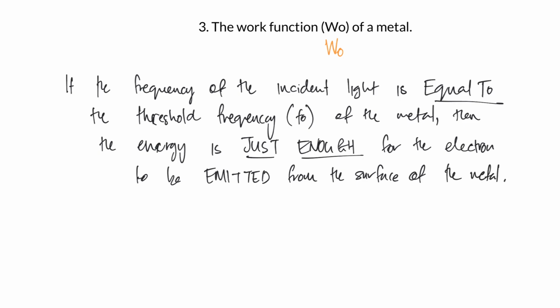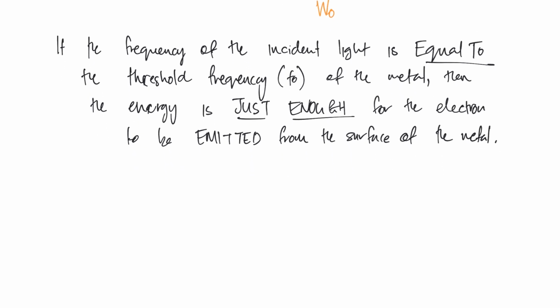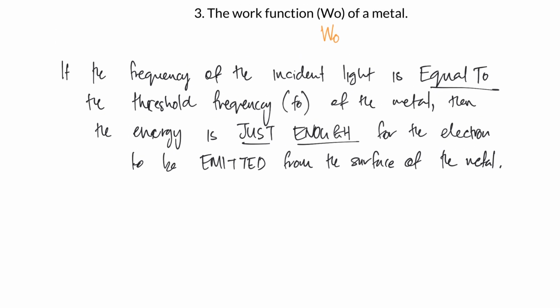All right. So when we're talking about the work function, we are talking about the energy, not the threshold frequency. Threshold frequency talks about whether there will be electrons emitted or there won't be electrons emitted. When we deal with work function, we're looking at, is there enough energy?